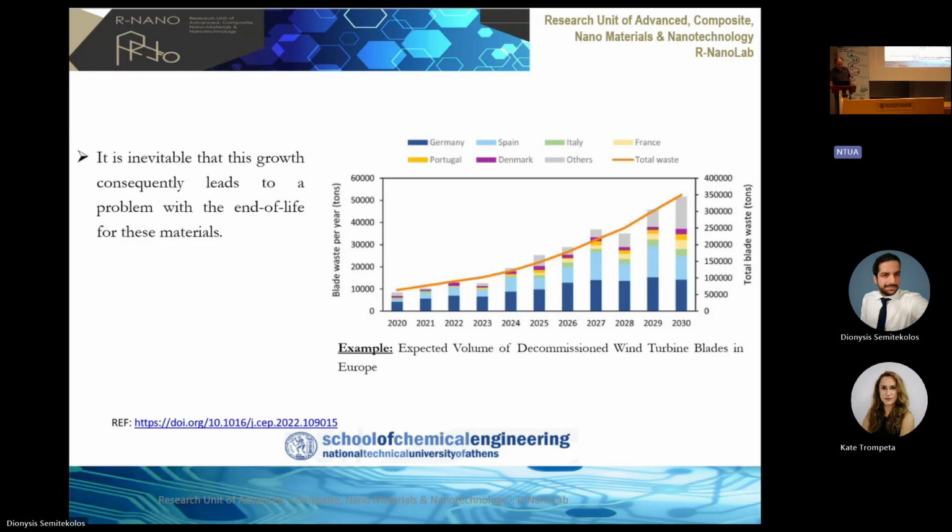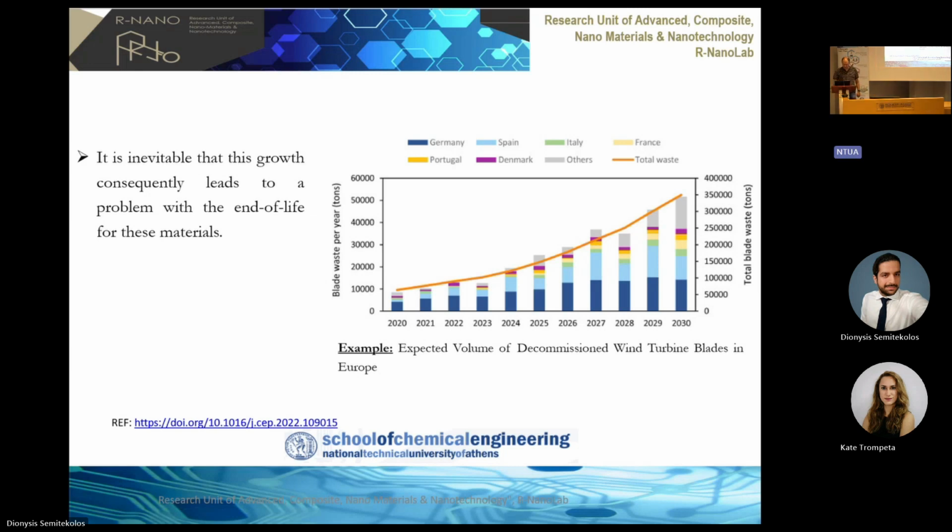This growth will lead to the problem of the end of life of these materials. You can see here, for example, that the expected volume of decommissioning in Europe is expected to reach almost 50,000 tons per year by 2030.